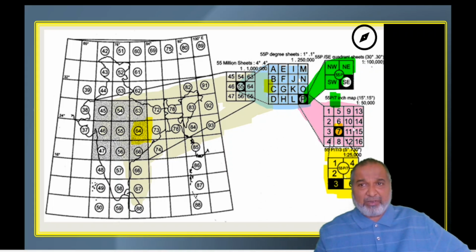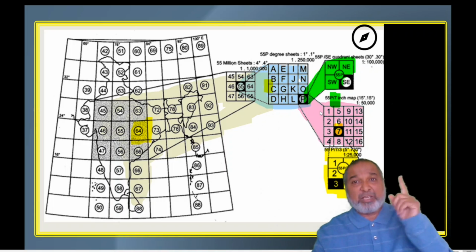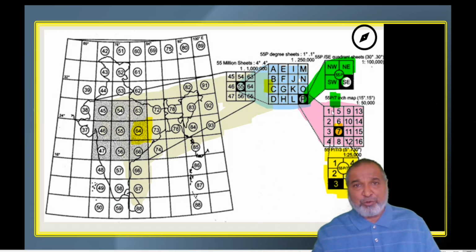Again the numbering is given, in the same manner as the alphabets, but here we don't use alphabets, we use the numbers 1, 2, 3, 4. Again from the top we start 5, 6, 7, 8, 9, 10, 11, 12, 13, 14, 15, 16. So there will be 16 numbers.